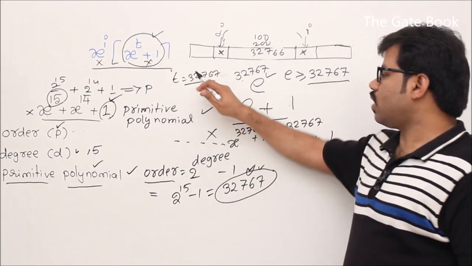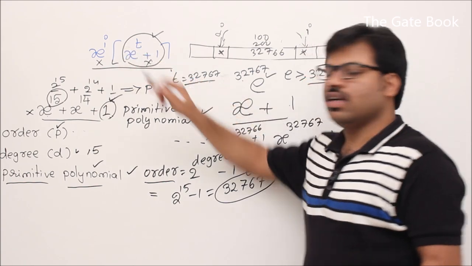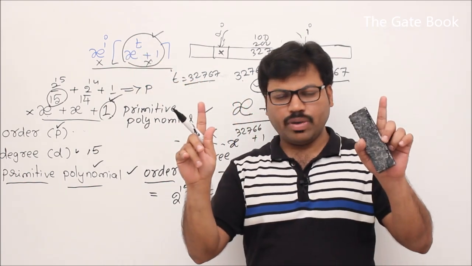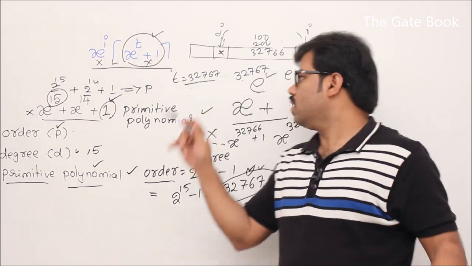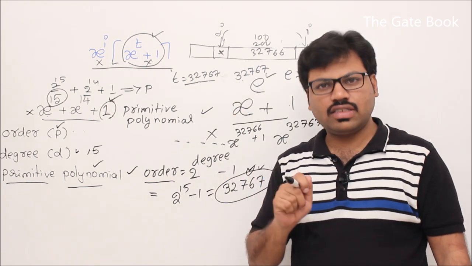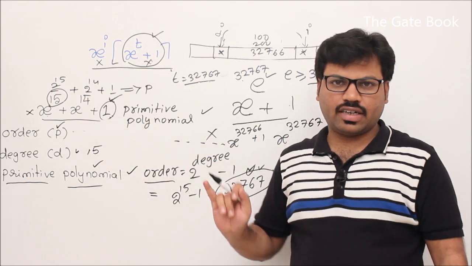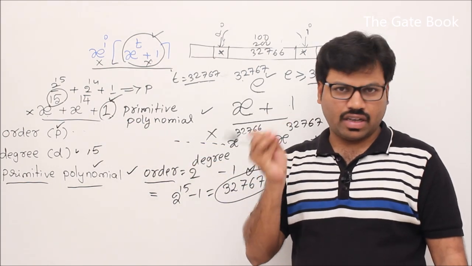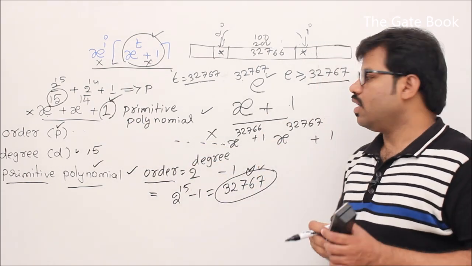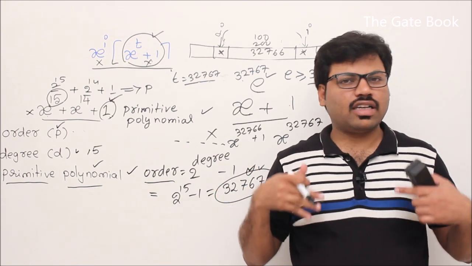But to have 32,767 as t, the difference between such two 2-bit errors should be 32,767. Understand? Or more than that. Then only your polynomial cannot detect. But that is very, very rare, isn't it? So that's why I always say that it occurs very rarely.